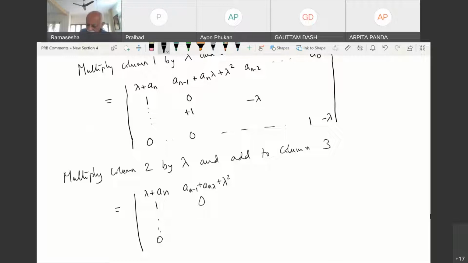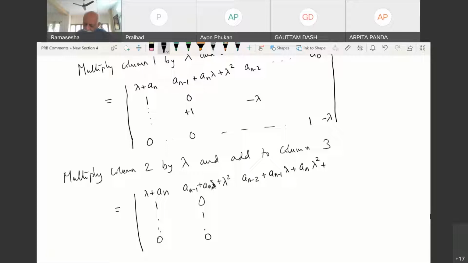will become an minus 2 plus an minus 1 lambda plus an lambda squared plus lambda cubed, just a second, an lambda I had, right?